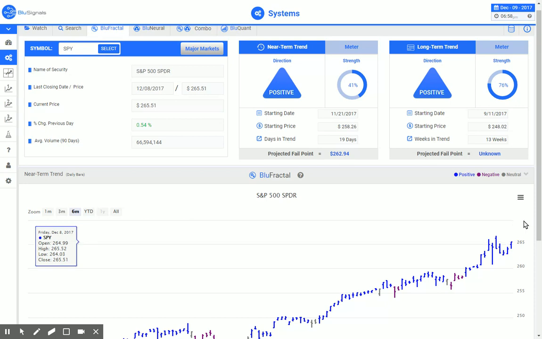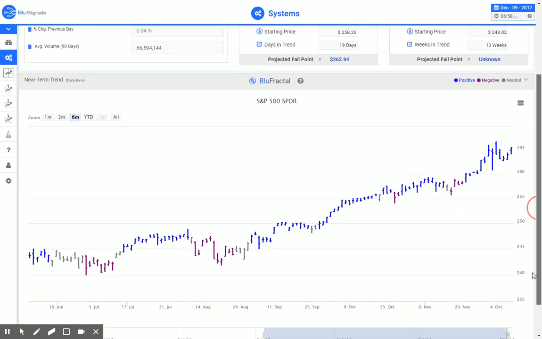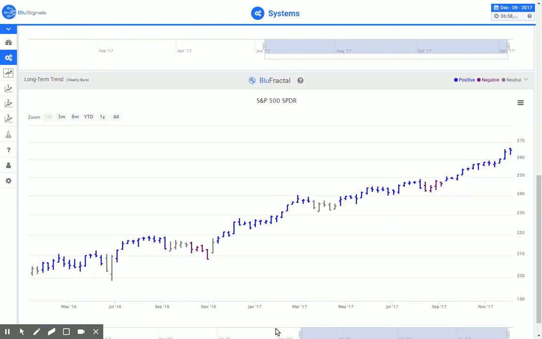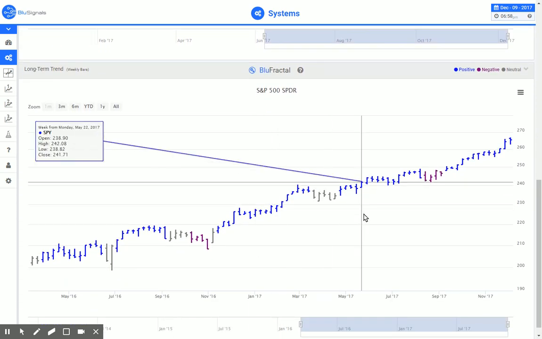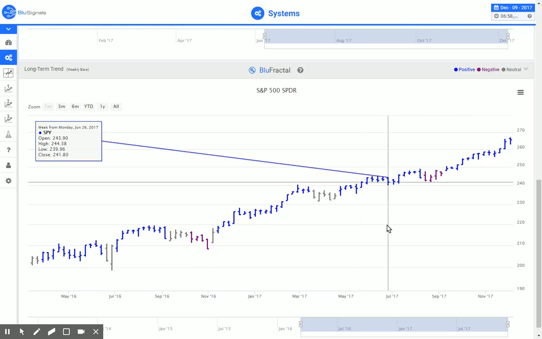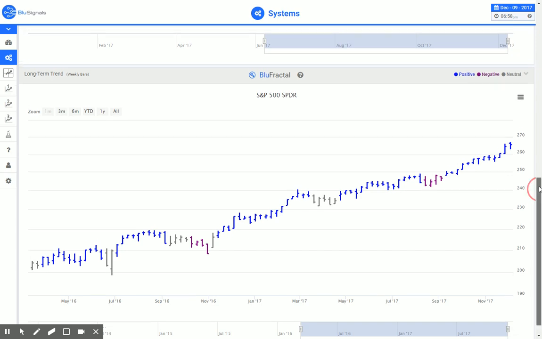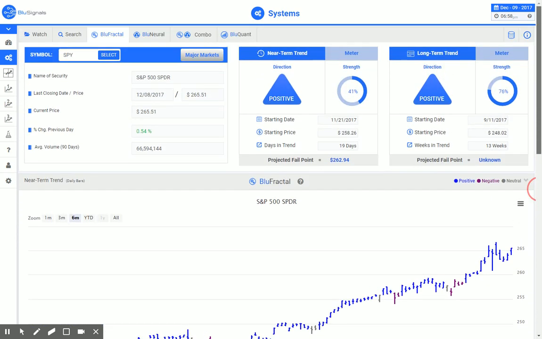is not rendered. If we come down to the long-term trend, we see the same color scheme and the same interpretation here. And it's important to note that we have no projected fail point in the long-term trend and a fairly substantial strength in the meter at 76%.